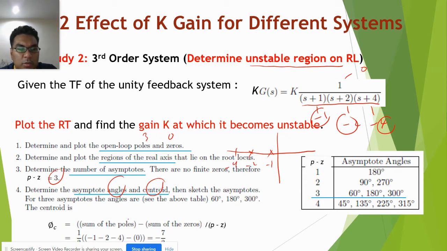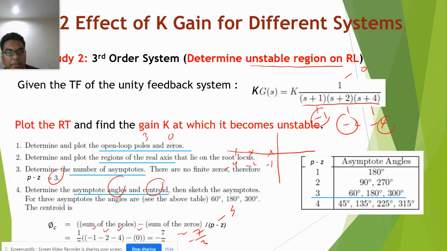Previously, the sum of the poles is -1 plus -2 plus -4, divided by the number of poles minus zeros, and there are no zeros, so you get -7, divided by 3, which is -7/3.